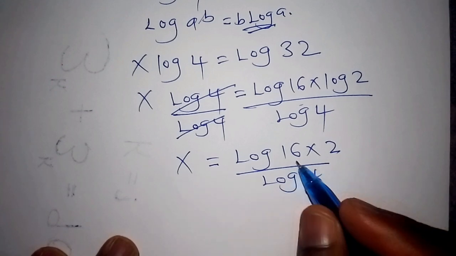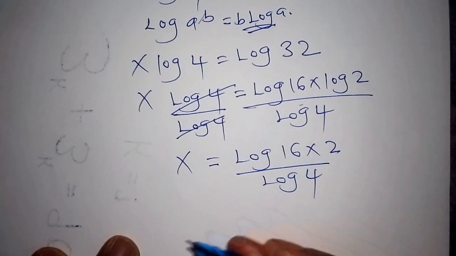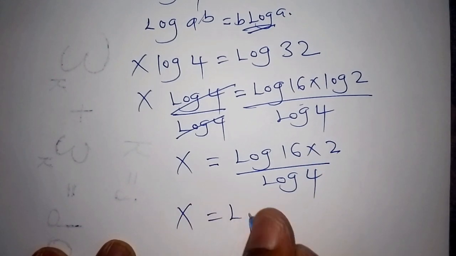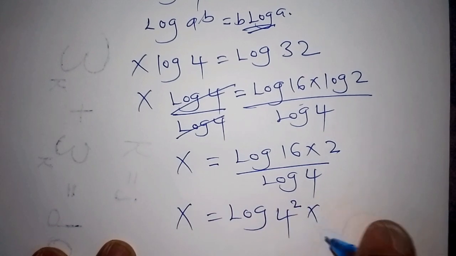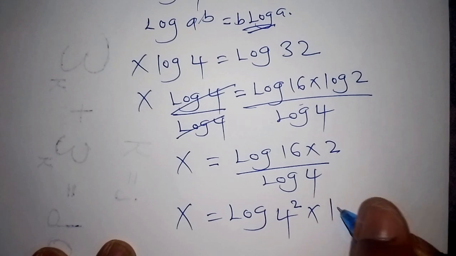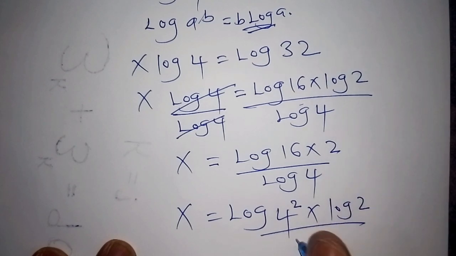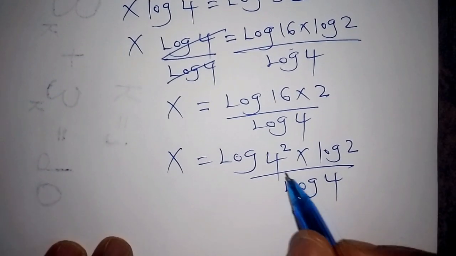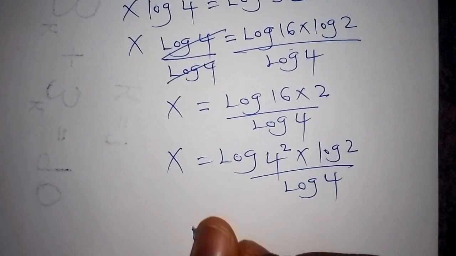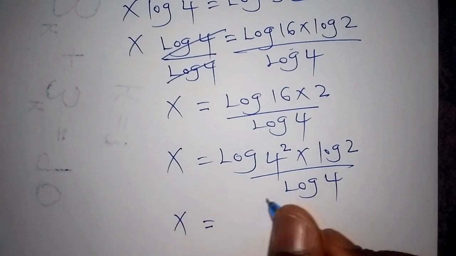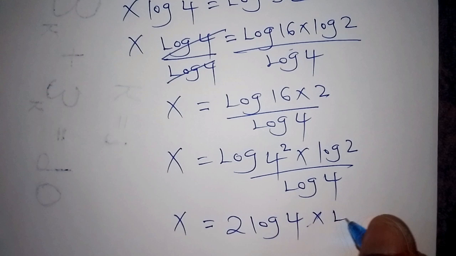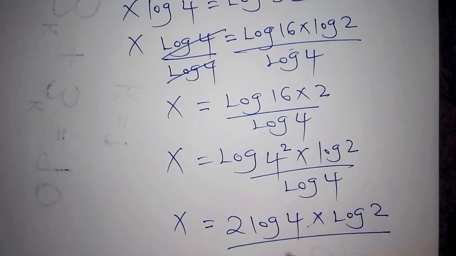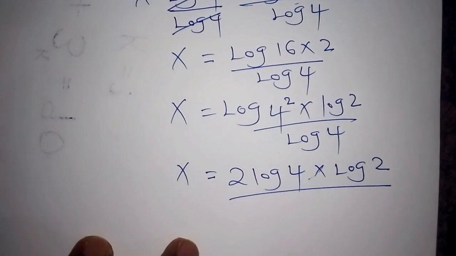We can decide to express 16 as a power, and say that x is equal to the log of 4 to the power of 2 multiplied by the log of 2, all over the log of 4. The log of 4 to the power of 2 can also be written as 2 log 4, multiplied by the log of 2, all over the log of 4.